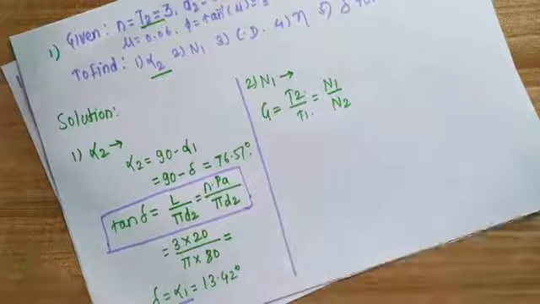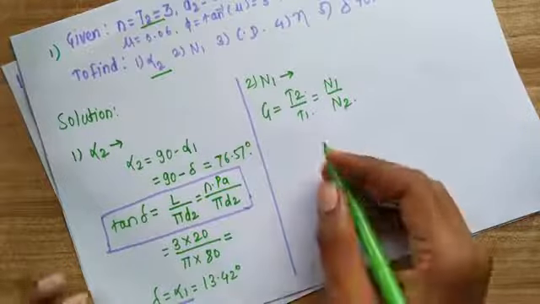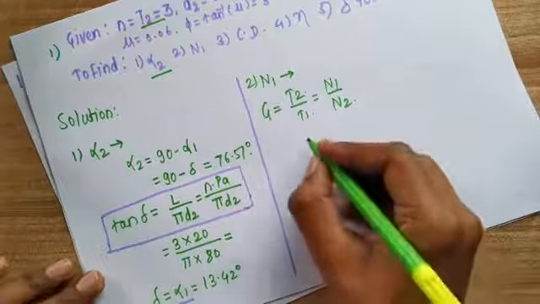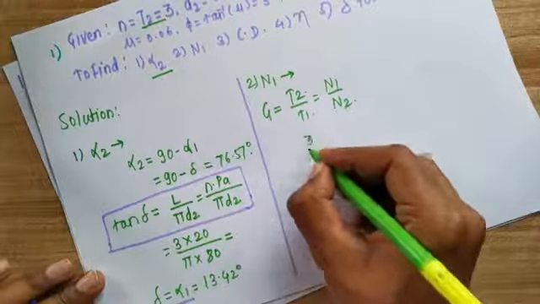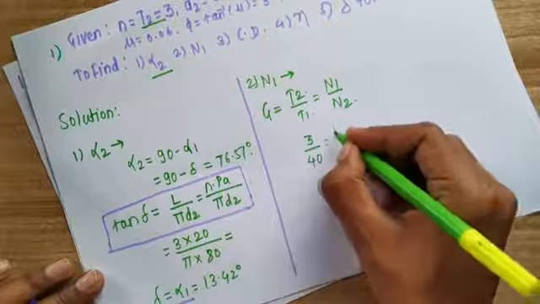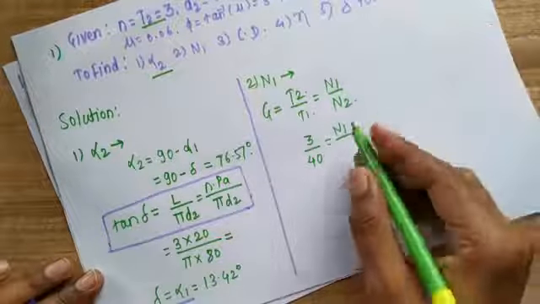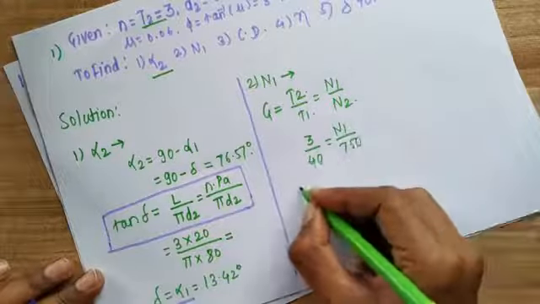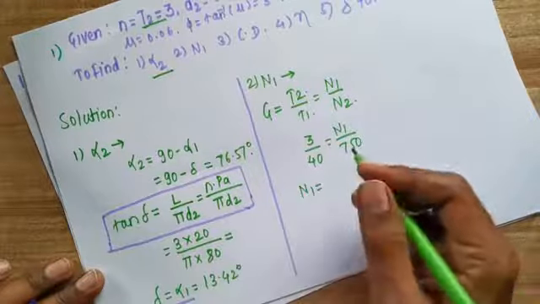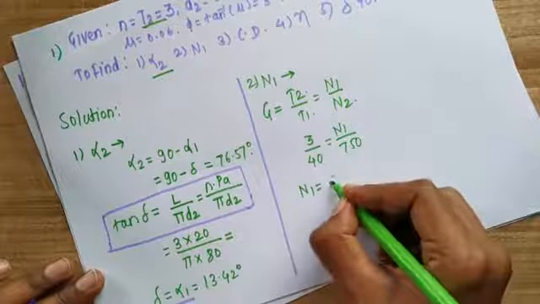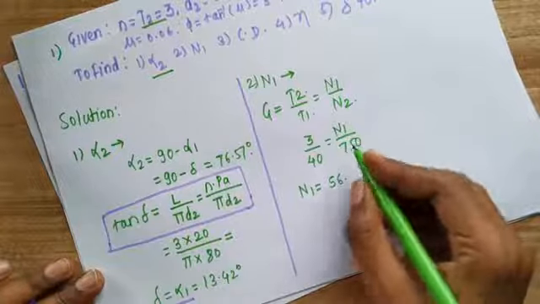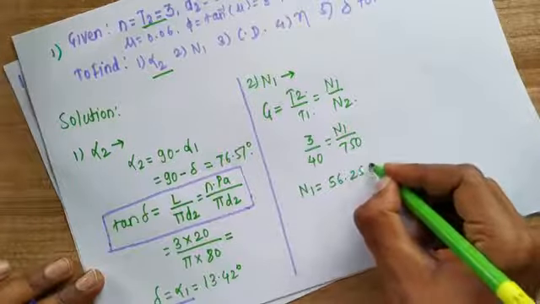So we can find out N1. By putting this, T2 upon T1, 3 upon 40, is equal to N1 upon N2. How much is N2 given? 750, and hence we will get N1. N1 is equal to 56.25 rpm.